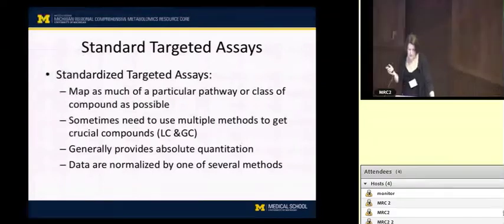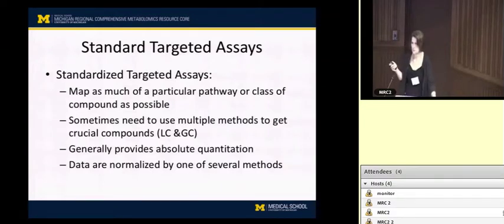Generally, we provide absolute quantitation. Now, I'm going to get into what that means exactly in my next talk a little bit more. But again, targeted assays will generally give you some value that is in, if it's plasma, micromolar, for example, or nanomolar, or whatever it is.